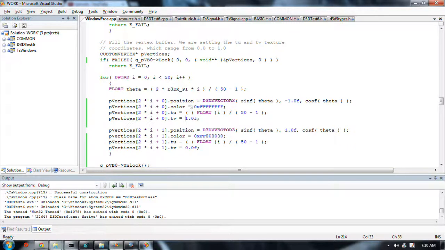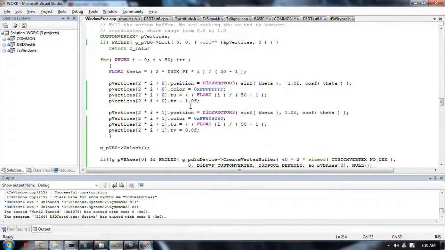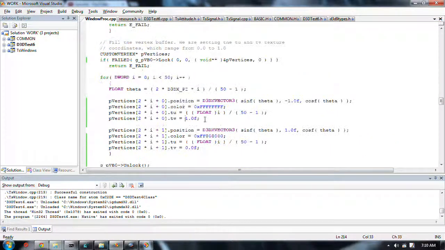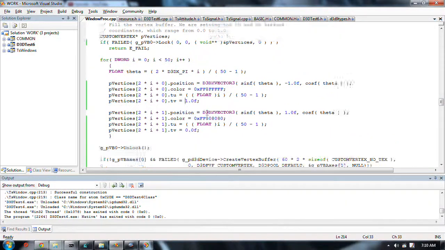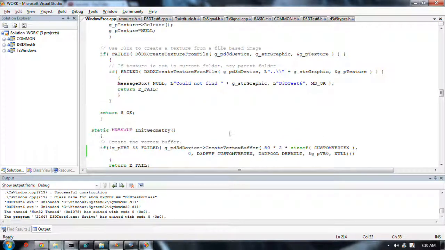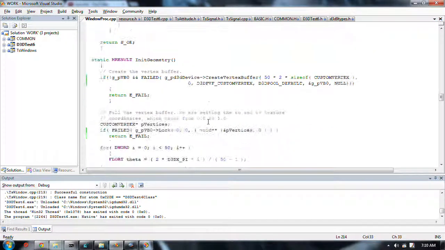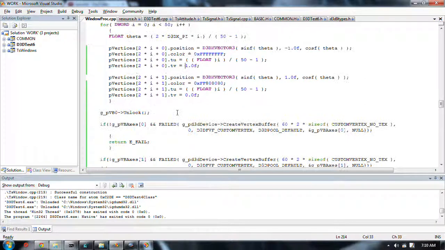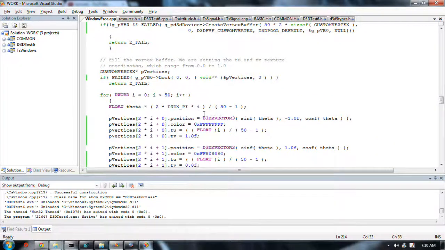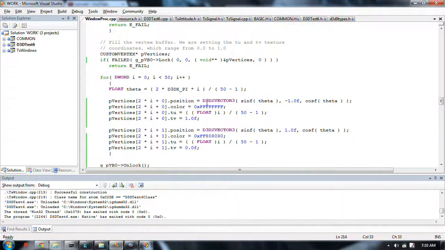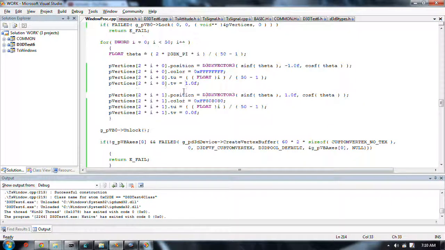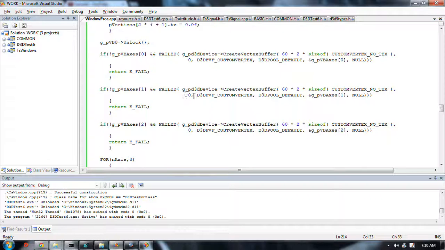Alright? Now, that's a cylinder with a texture. You don't have to use a texture. So I had this idea. I came up with this idea that I was going to make. The idea took 5 minutes to think about, and getting it done took 4 to 6 hours.